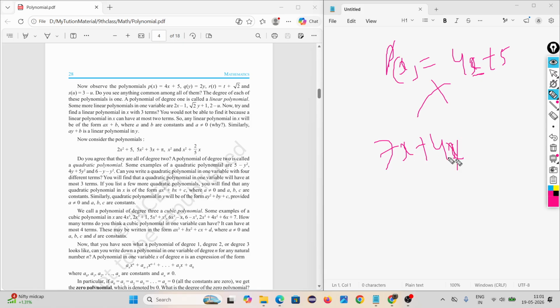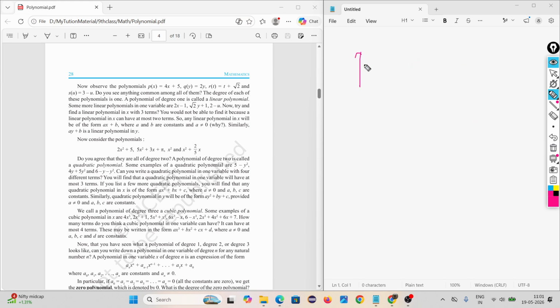Here I was changing the term, that's why I was able to write it. But here I am already defining a polynomial in the variable x, so we cannot write a polynomial with another term.